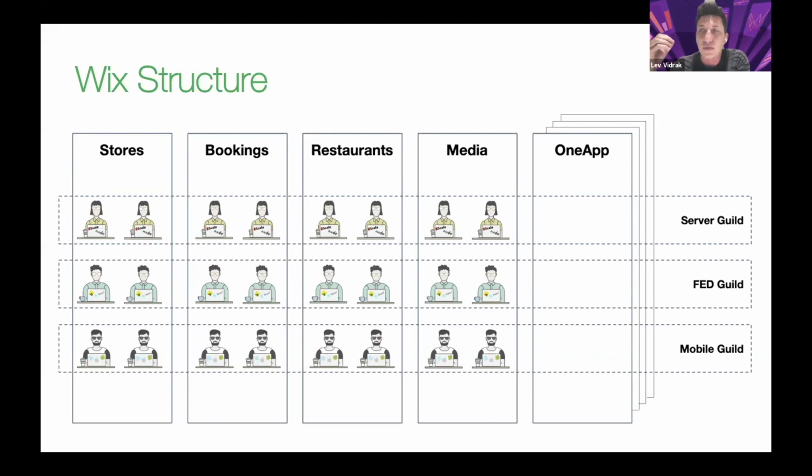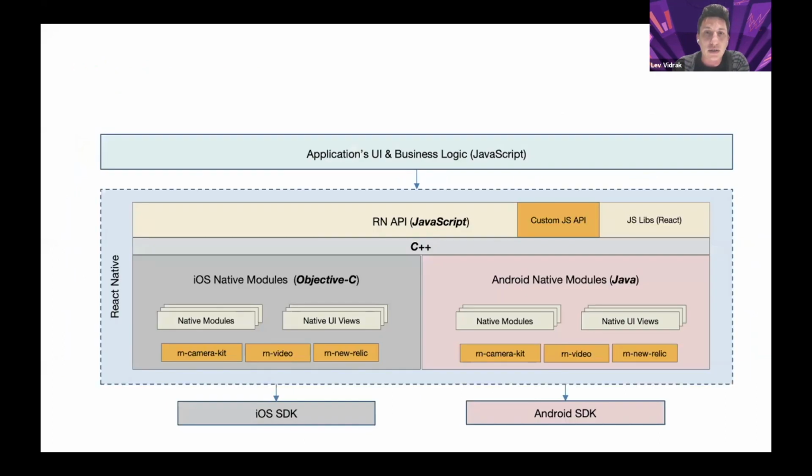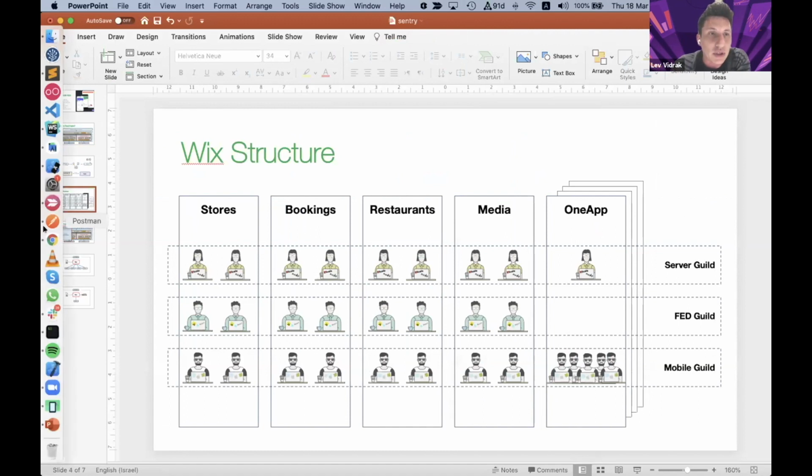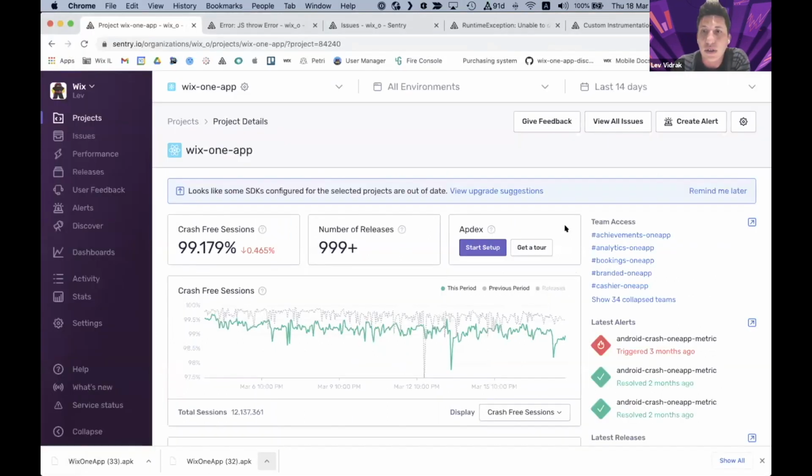When we build our architecture, we build it in such a way that every team will be able to work as independently as possible in their release process, in their testing, in their development process, and also in their monitoring process. I will jump to Sentry because this is directly related to this.